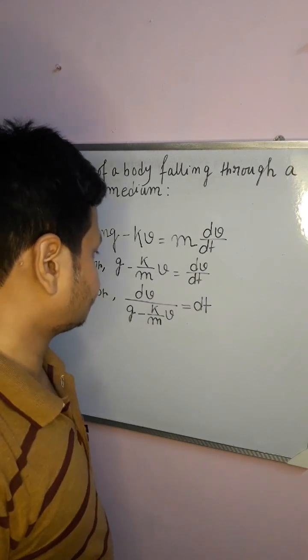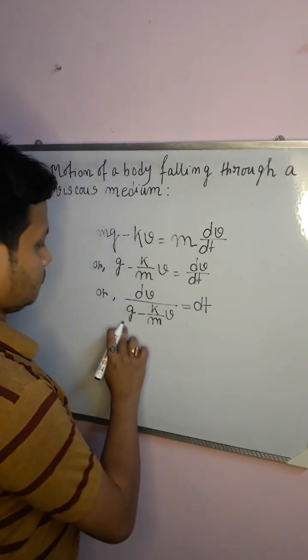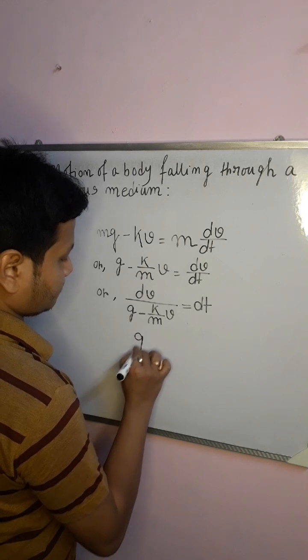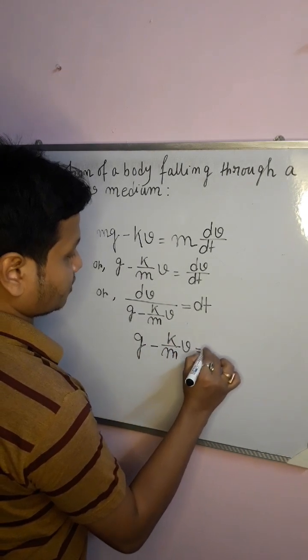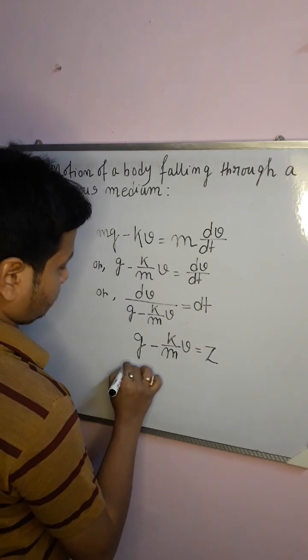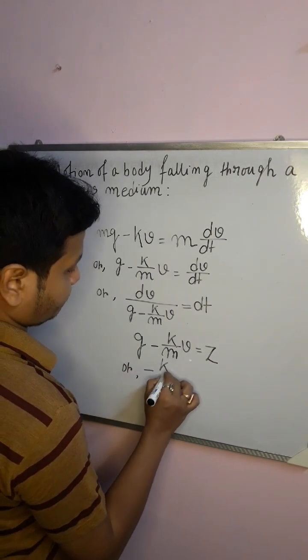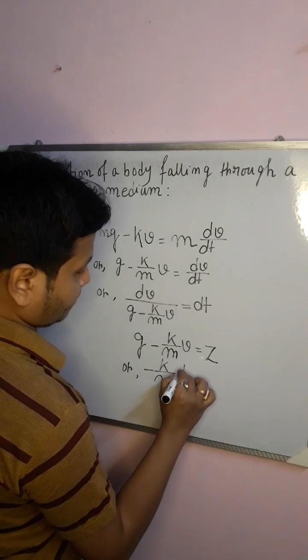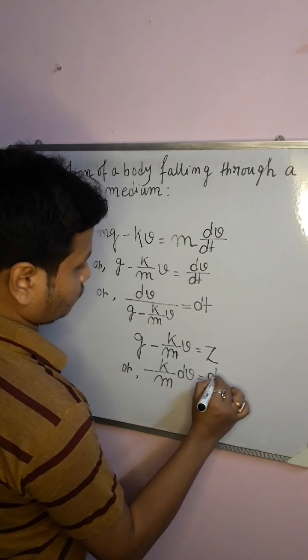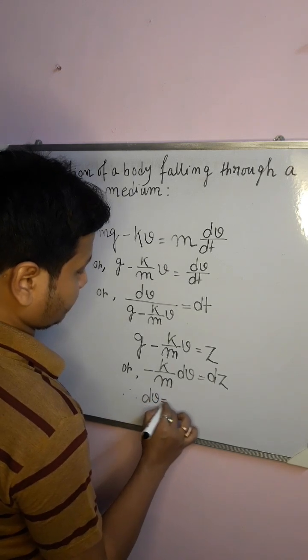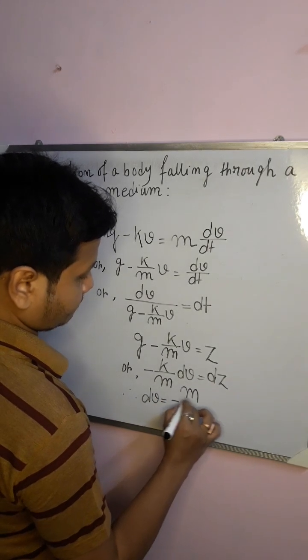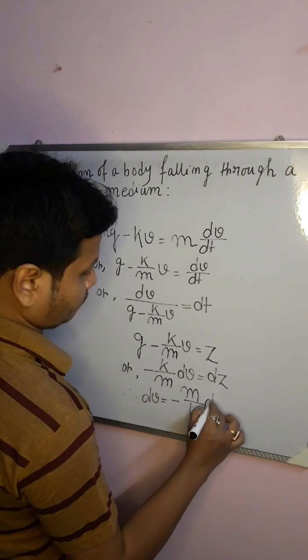Now let us assume this quantity is z. So g is constant, and we can write minus k by m into dv equals dz. So dv equals minus m by k into dz.